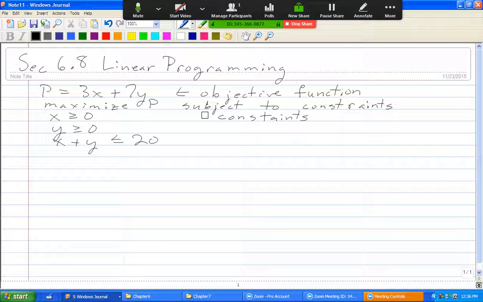So these would be my constraints. And your constraints are going to form some sort of figure. This figure here will be some sort of convex polytope.